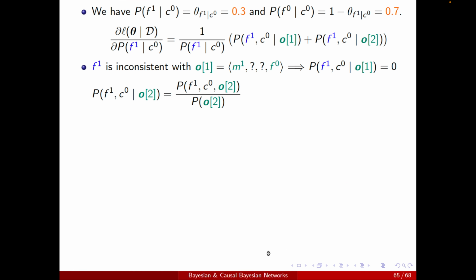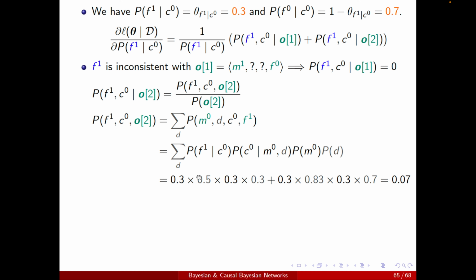So I will get 0.3 for M1, this one, and F1 conditioned on C0. This will also be 0.3. These ones will change according to the value of D. So I will have 0.5, 0.83, and for D itself, it's either 0.3 or 0.7. I will finally get this value.